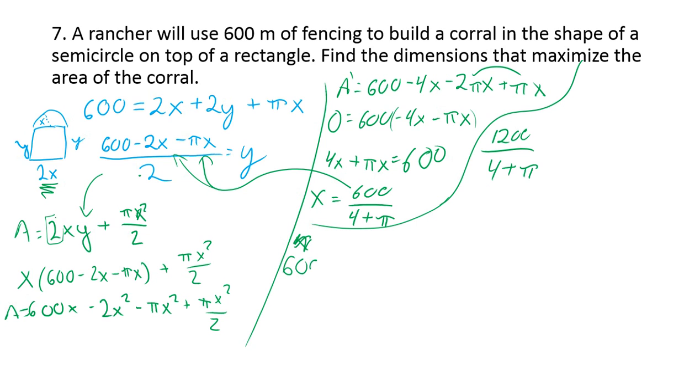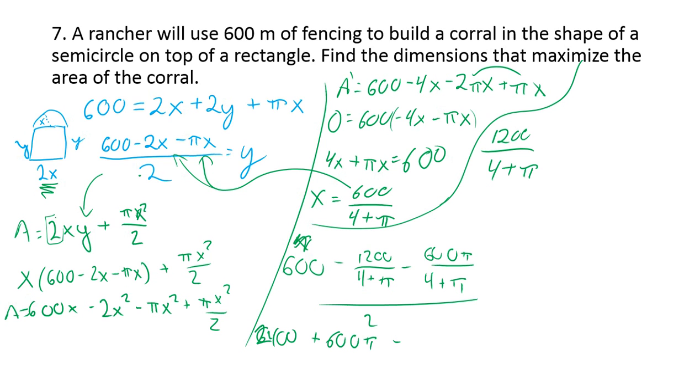So we'll have 600 minus 1200 over 4 plus pi minus 600 pi all over 4 plus pi, all over 2. Get a common denominator, getting us 2400 plus 600 pi minus 1200 minus 600 pi, and that's all over 4 plus pi.